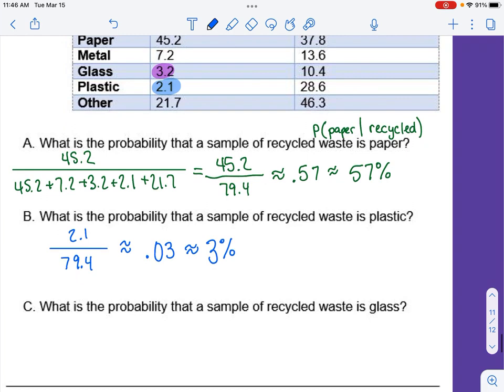Same thing with glass. You've got 3.2 glass over your total, which is still 79.4. Divide these to get your decimal, which is about 0.04, and then change this to your percent by moving the decimal 2 places.